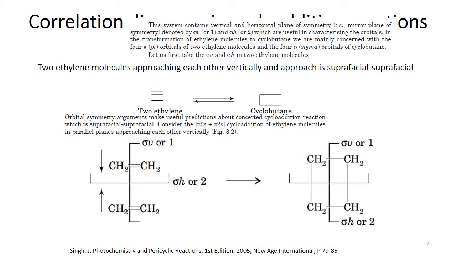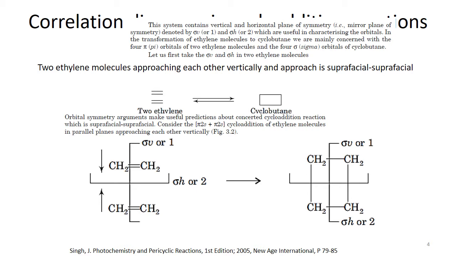Talking about the symmetry elements here, when we place these two molecules and consider the mirror plane symmetry element, this system contains both a vertical as well as a horizontal plane of symmetry. If you remember what a horizontal or vertical plane of symmetry is, these planes are defined by their alignment with respect to the axis of symmetry.